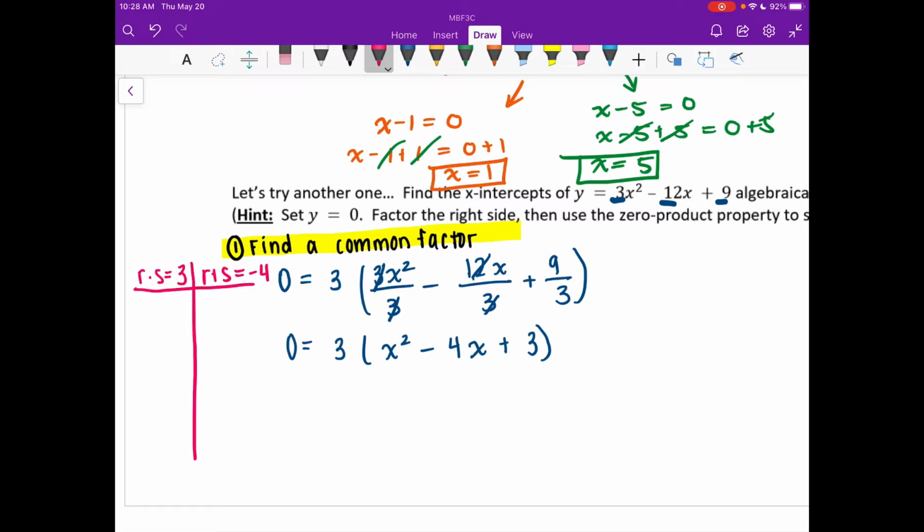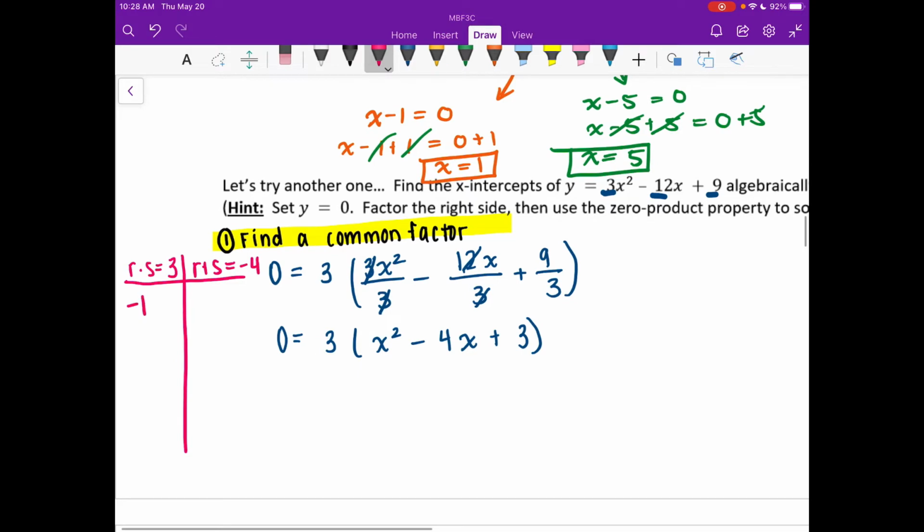Notice how my b term here is negative and my c term is positive. That means that I must have two negative numbers multiplying together, which makes this really easy to work with, because the only option I have is negative 3 times negative 1, which if we add those together will give me negative 4. So that means that my R must be negative 1 and my S must be negative 3, right?